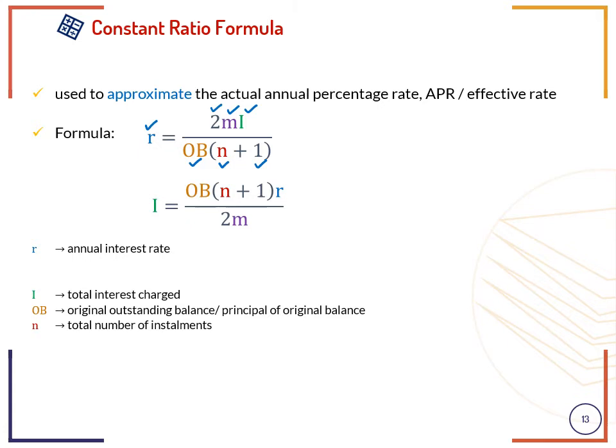That is, total interest charge is equal to original outstanding balance multiply total number of installments plus 1 multiply annual interest rate divided by 2 multiply M, where M equals 12 for monthly installments and M equals 52 for weekly installments.